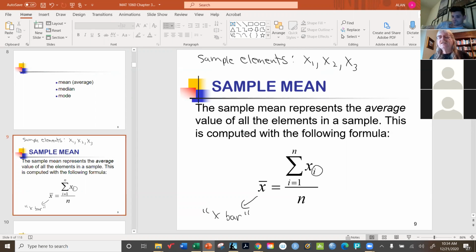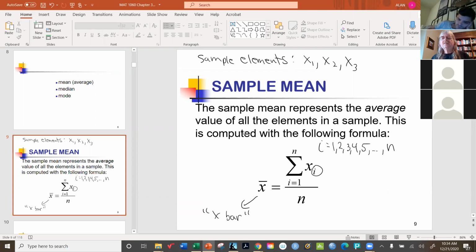We're going to use the letter i to make this as general as possible. And based on what you're seeing here, i equals 1 to n means i has all the values from 1, 2, 3, 4, 5, all the way up to n. Whatever n happens to be, i covers all of these positive numbers, integers as they're called, from 1 to n.